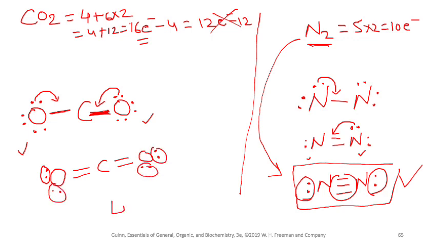I have 4 non-bonding pairs, or lone pairs, and then how many bond pairs? 2 bond pairs here, 2 bond pairs here, so 4 bond pairs. Bond pair, lone pair, LP. So this is how you normally make a Lewis structure for different molecules and figure out how many lone pairs and how many bond pairs they have in the structure.